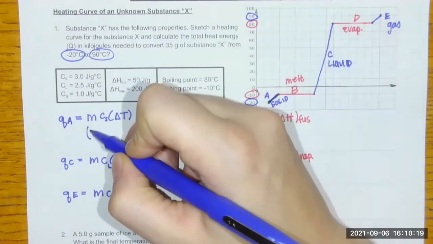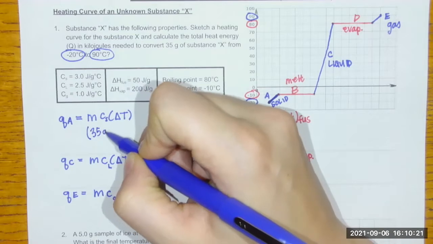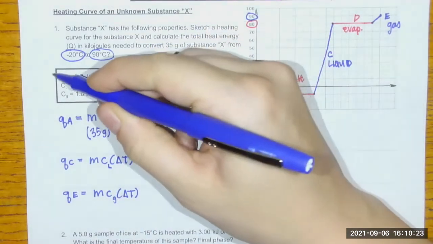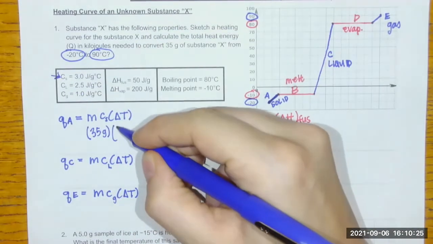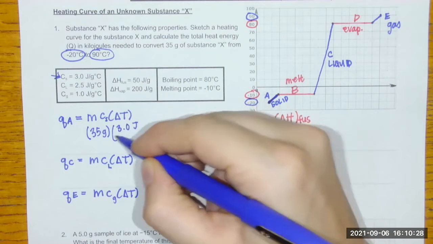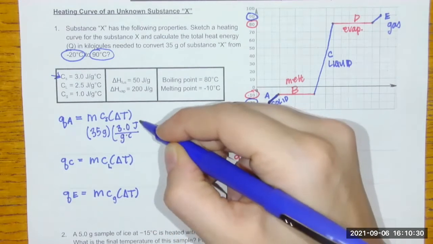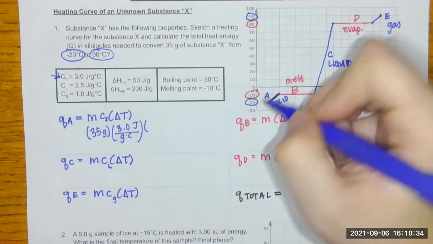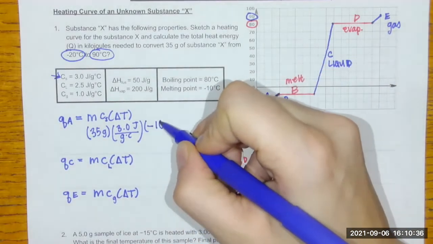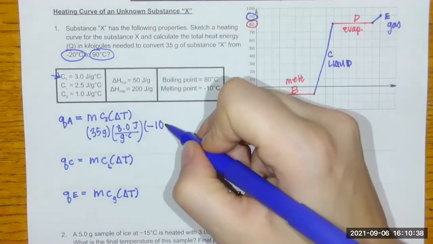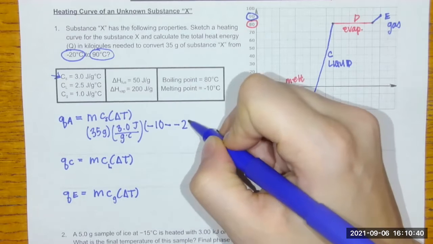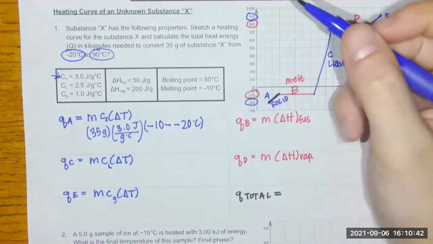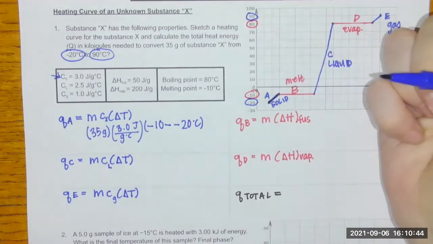The mass is 35 grams. Cs is 3.0 joules per gram Celsius. And the temperature change is from -10 minus -20, aka 10 degrees.